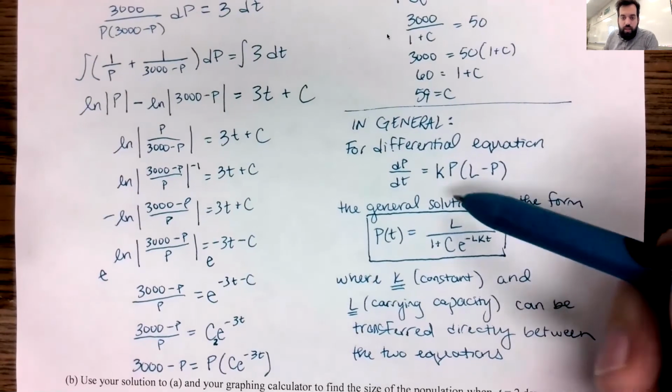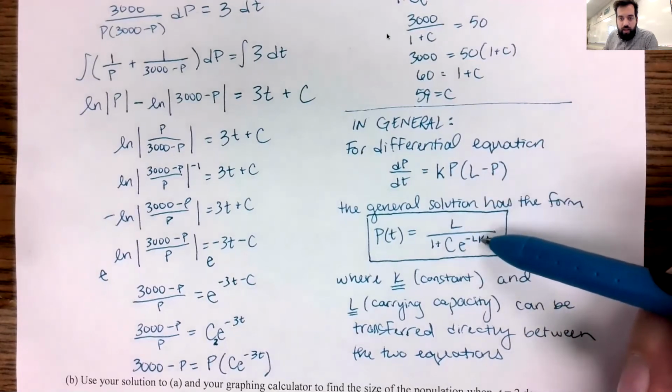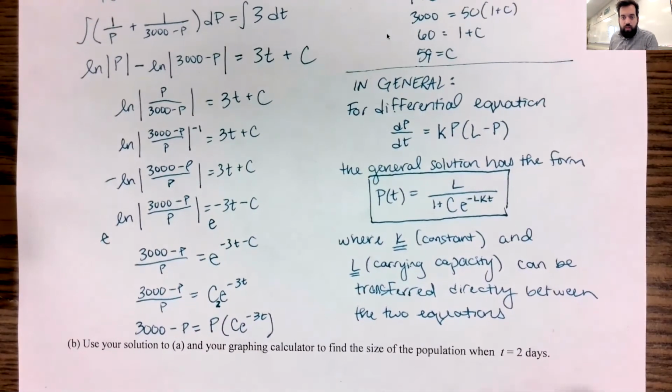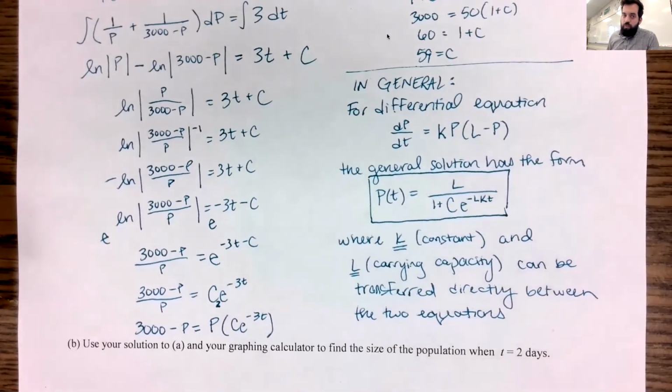So this k is the same as this k, this L is the same as this L and this L. So that's what we're working with there, okay? So now we have the general solution and the derivative for a logistic model. So let's apply this in part B and part C.